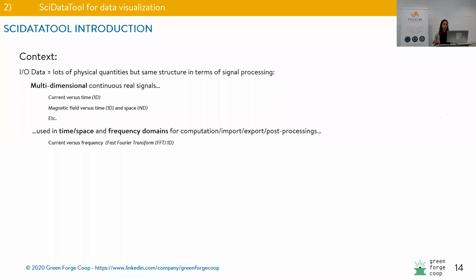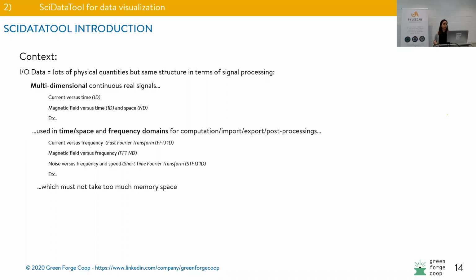For example, we can have the current, the Fourier transform of the current versus frequency. We can have a 2D FFT or 3D anything. We can even have a short time Fourier transform for the noise, for example, but we want one single object or one single tool to handle all this data.